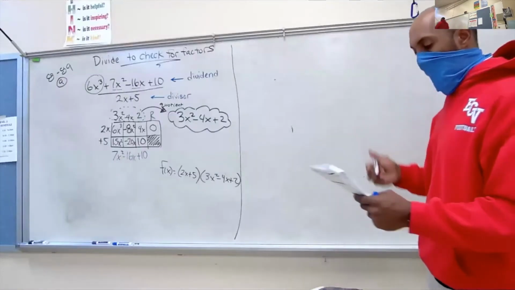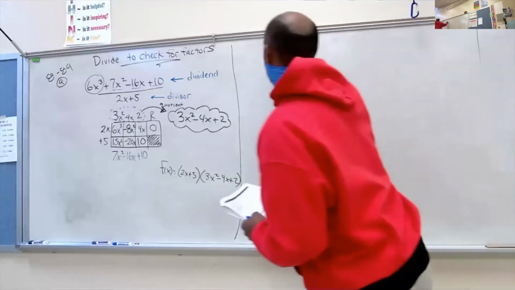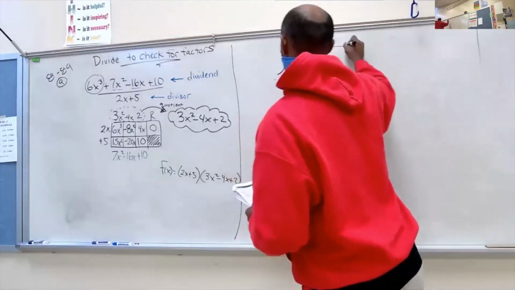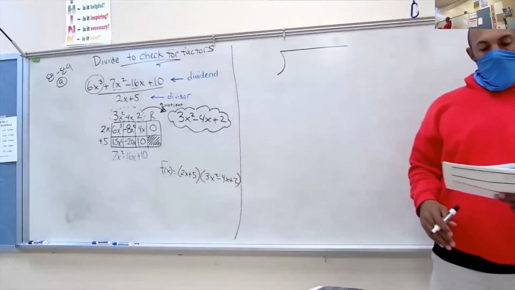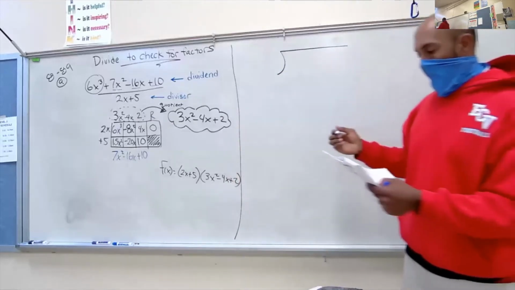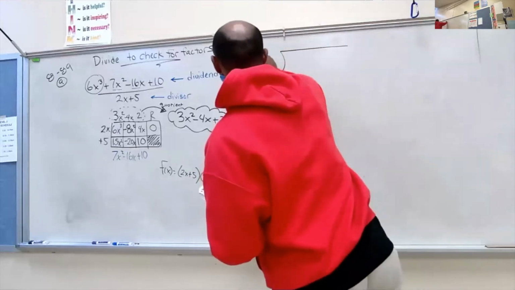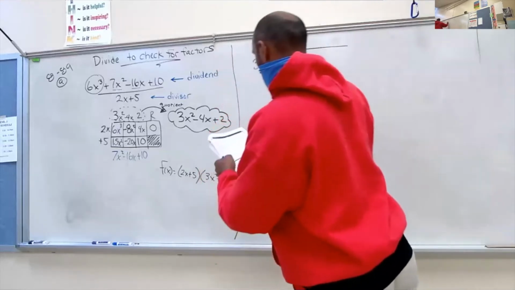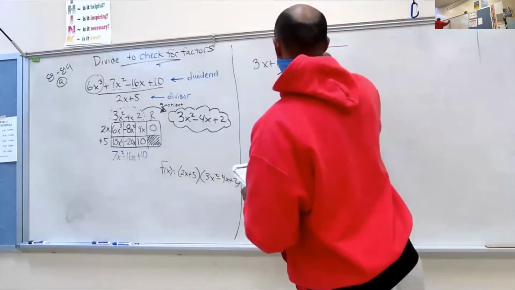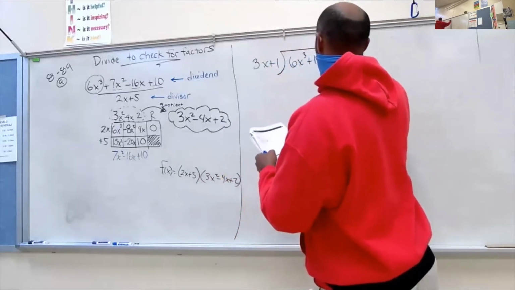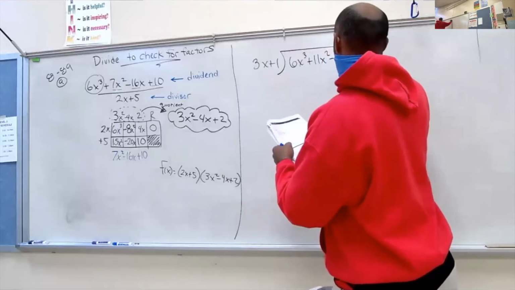All right, so now on the next one, you guys might recognize this. These are all division problems. They're all just written a little bit differently. So here I've got 3x plus 1, 6x cubed plus 11x squared minus 12x minus 1.